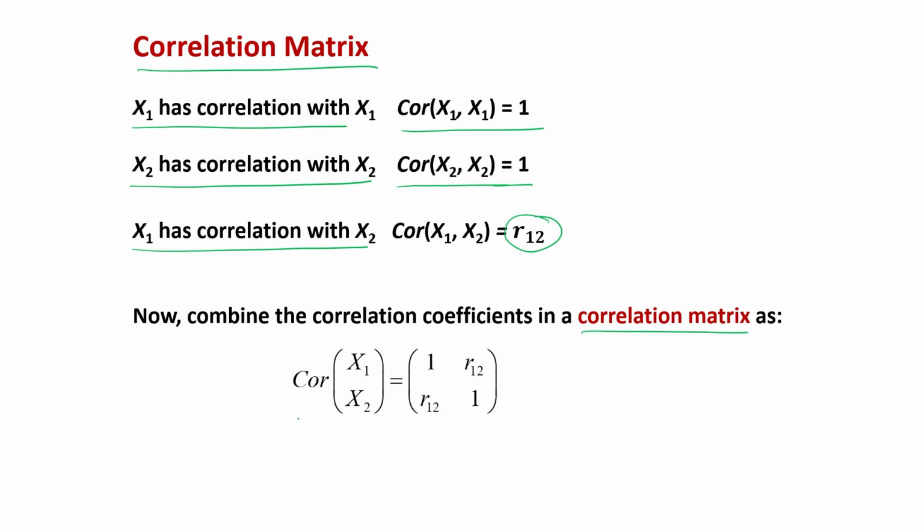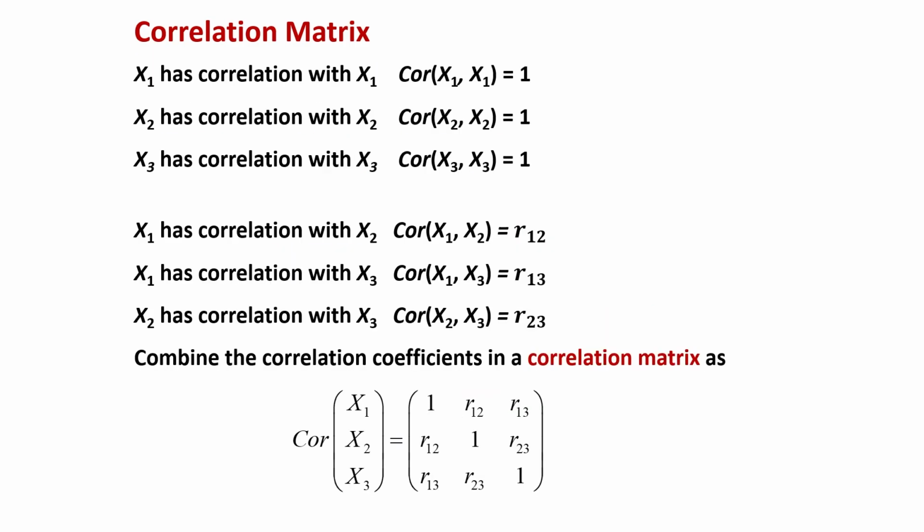This will be COR of x1, x2, a 2 by 2 matrix. The diagonal elements are always going to be 1 because they represent the correlation between x1 and x1, and the second diagonal element is the correlation between x2 and x2, right. And the correlation between x1 and x2 is indicated on the off-diagonal element R12. So it is very easy.